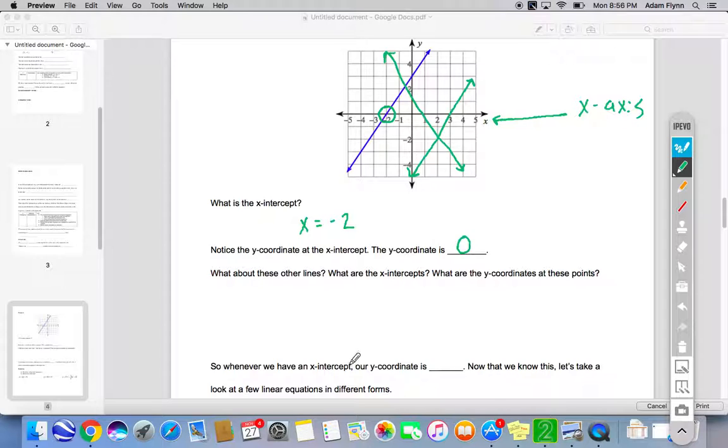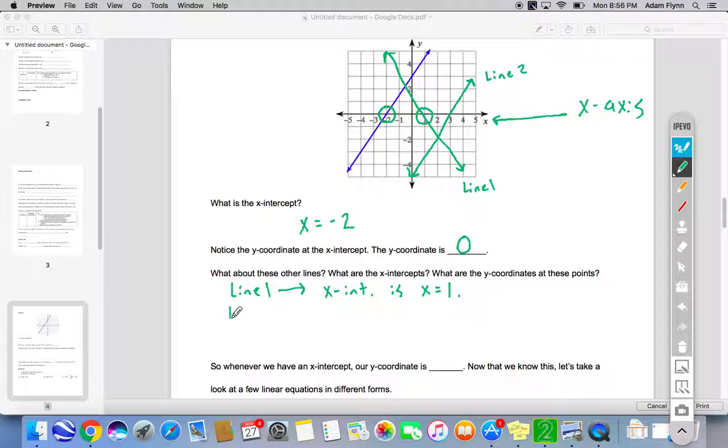What are the x-intercepts? Well, let's call this one line 1, and we'll call this one line 2. So for line 1, the x-intercept is x equals, at this point right here, which is 1.